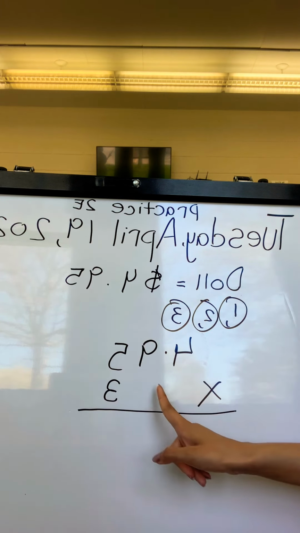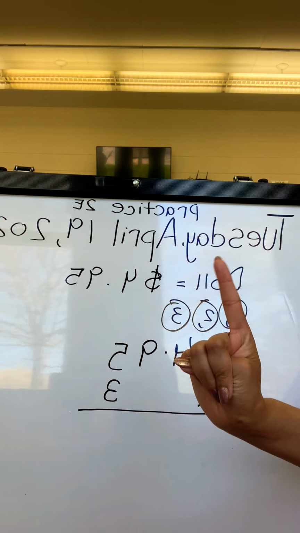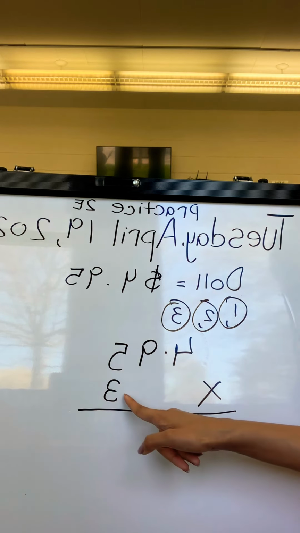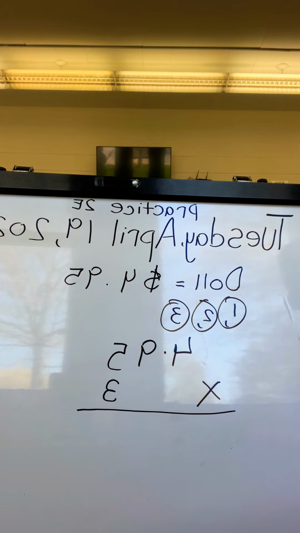So we multiply. The cost of 1 doll, the cost of 3 dolls, equals the cost of 1 robot. So we are going to multiply our 4.95, which is the cost of the doll, by 3.